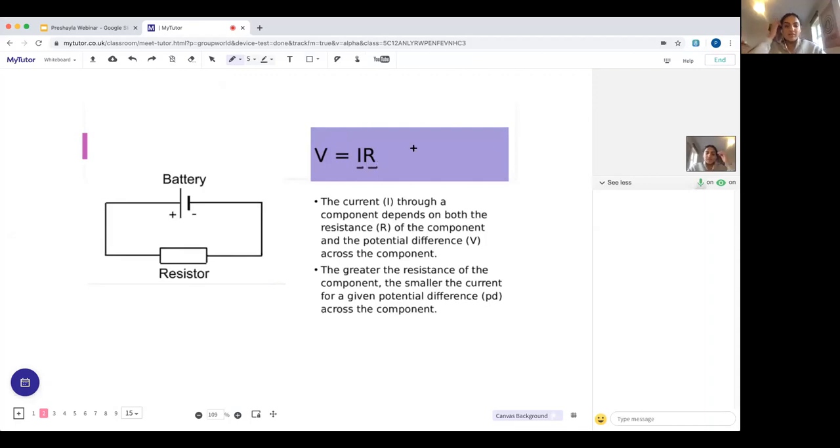You can think of the resistor as constricting the current, not letting as much current as it wants through. So if we have a very high resistance, we have a very small current because it's constricting it.